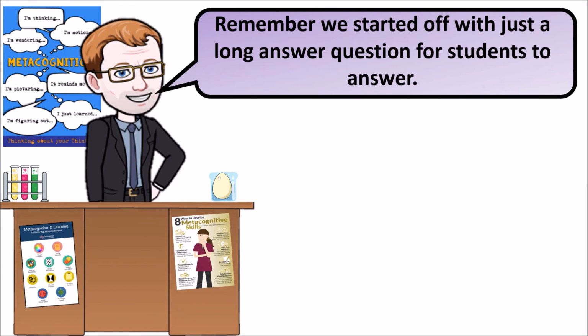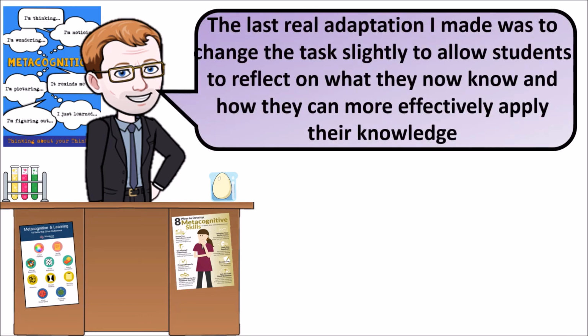So, remember when we started off, we looked at those long answer questions for students. So, the last real adaptation that I made was to slightly change that task. So I went right back to the start of the process, and instead of just giving students one long answer question with no real scaffolding, I looked at how we could adapt that task to make it more effective for students to use in the first place.